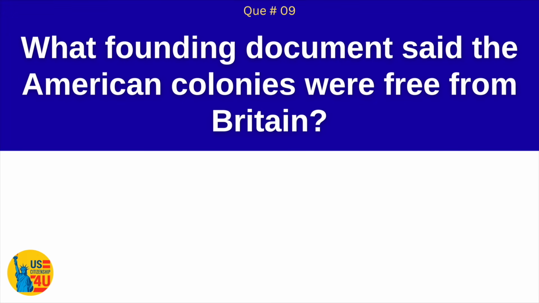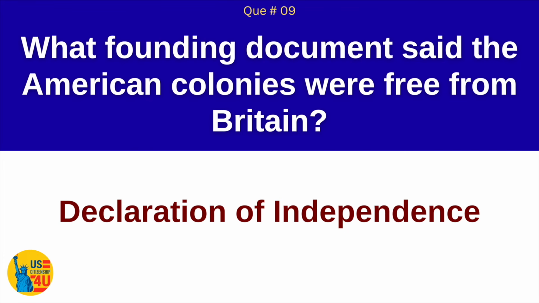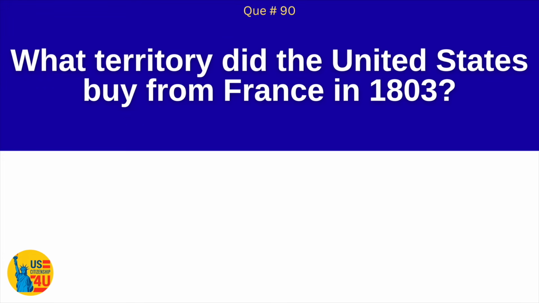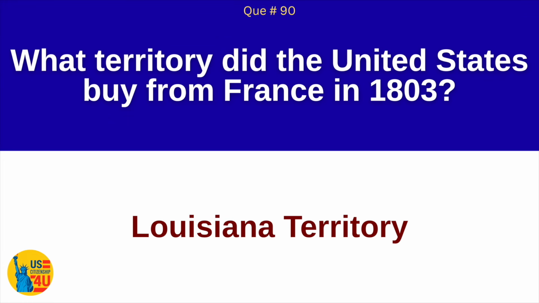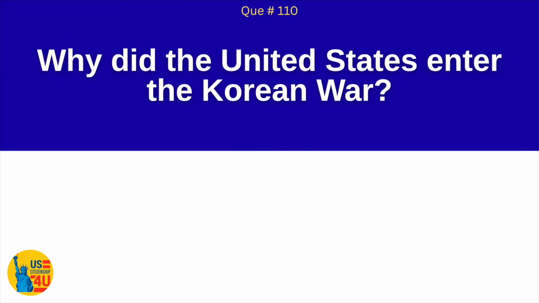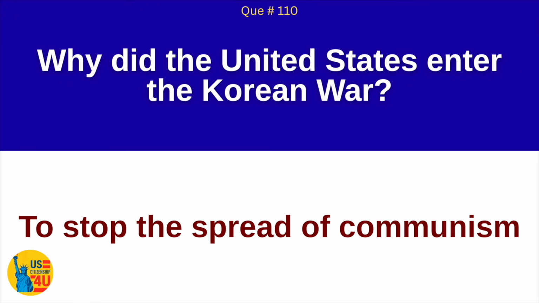What founding document said the American colonies were free from Britain? Declaration of Independence. What territory did the United States buy from France in 1803? Louisiana Territory. Why did the United States enter the Korean War? To stop the spread of communism.